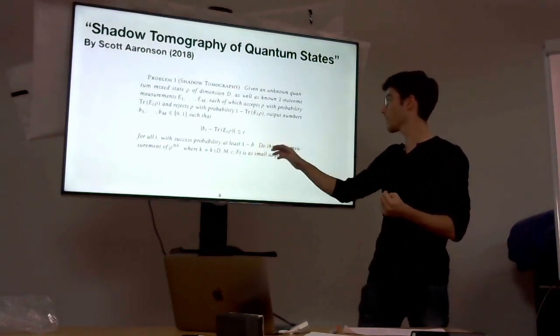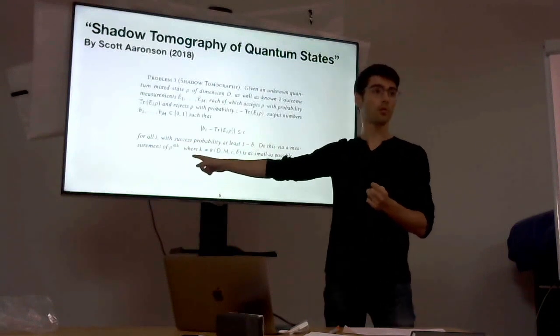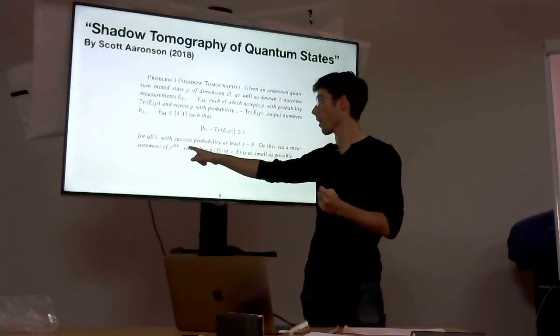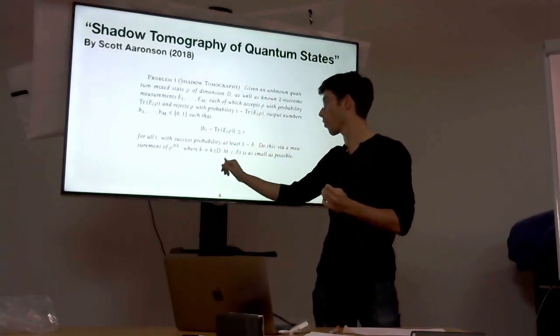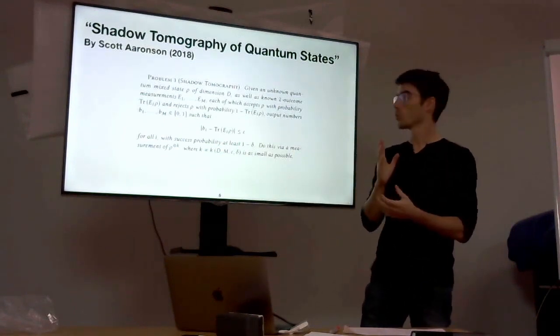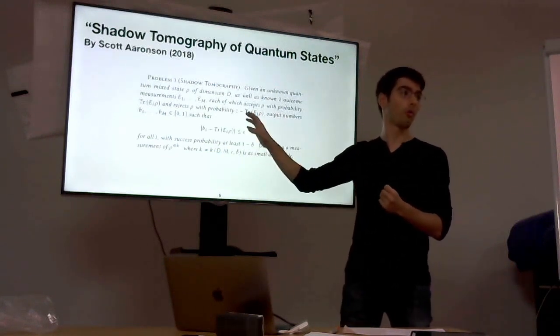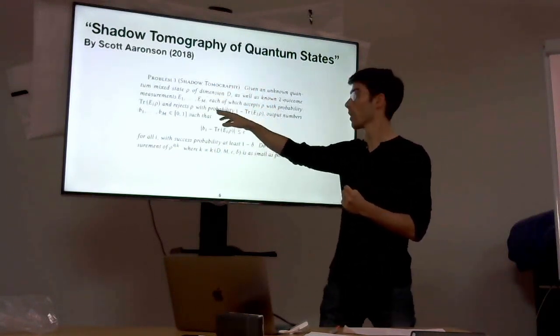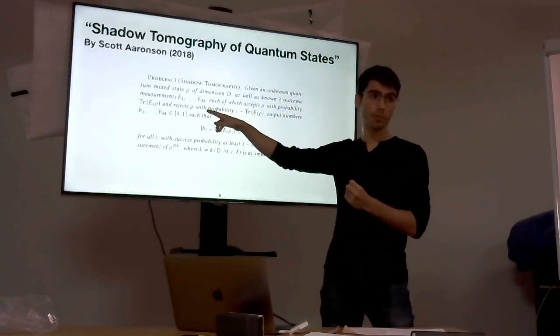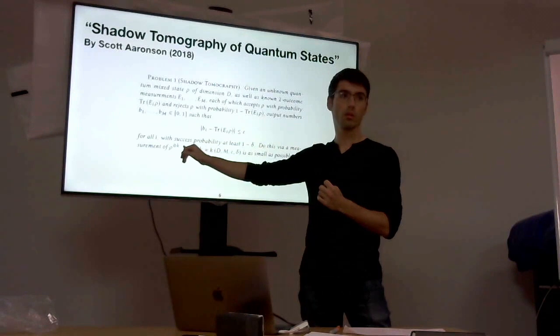Okay, so the problem is to do this via measurement of many copies of the state rho with the number of copies as small as possible. Okay, so the challenge is to approximate the expected value of many observables, E1 to EM, with as few copies of the state as possible, this K. Okay?